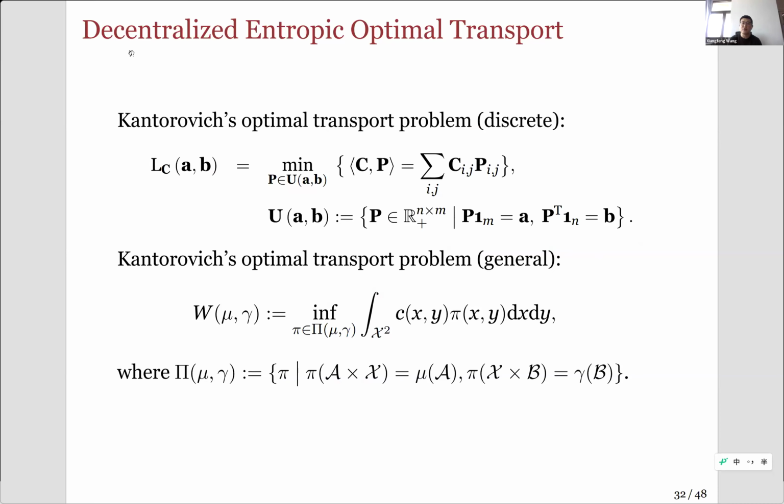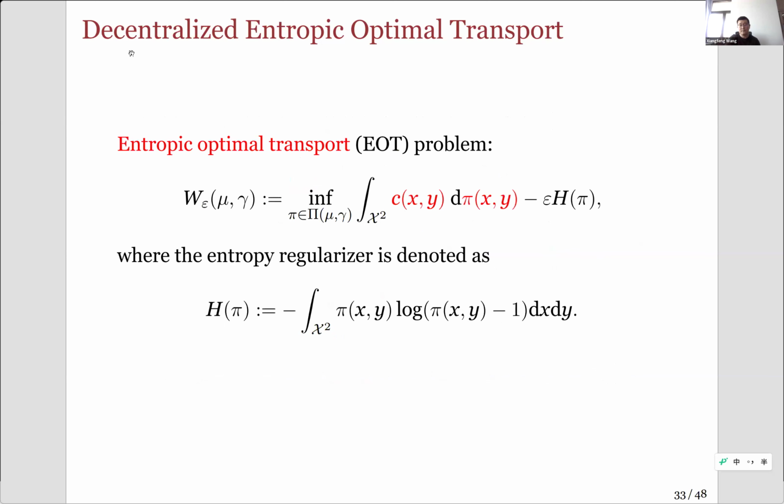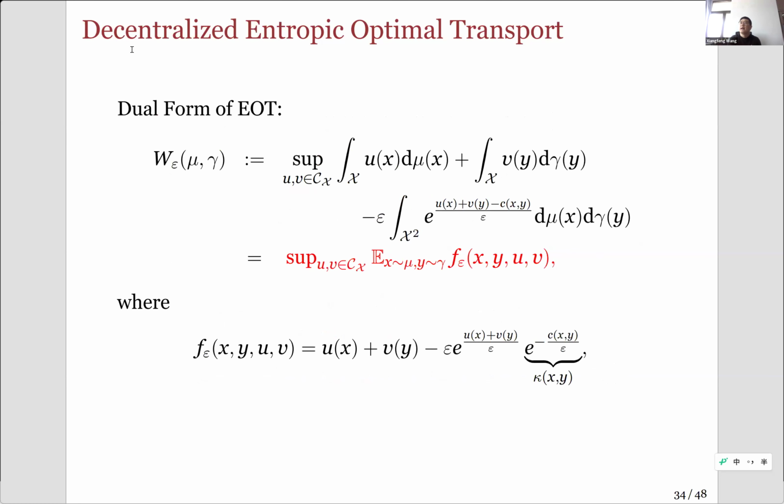We consider the entropic optimal transport problem. We consider a problem like this. And the key to decentralization lies in its dual form. This can be written as maximizing an expectation where the f epsilon function involves both u and v, and the kernel term kappa(x, y).